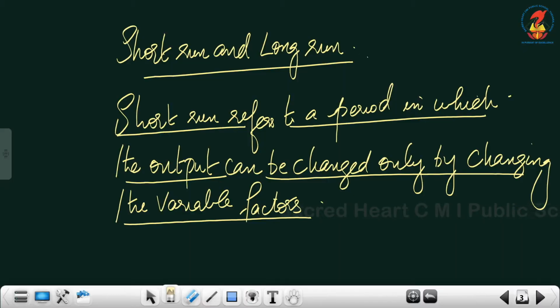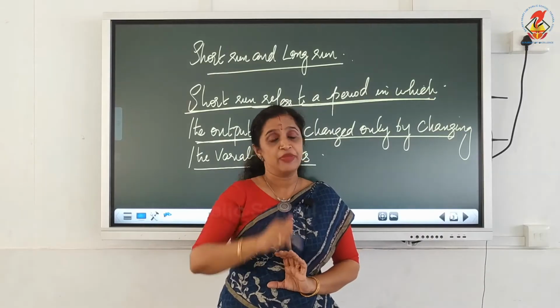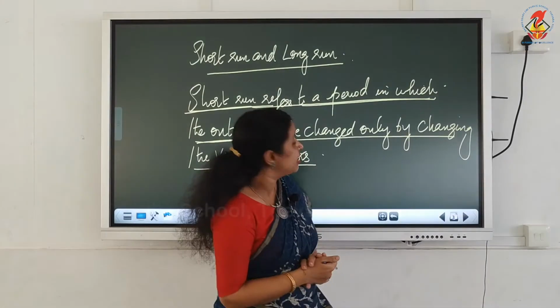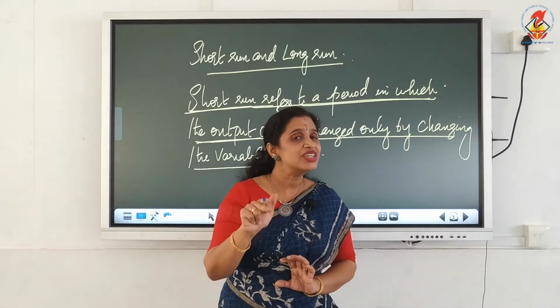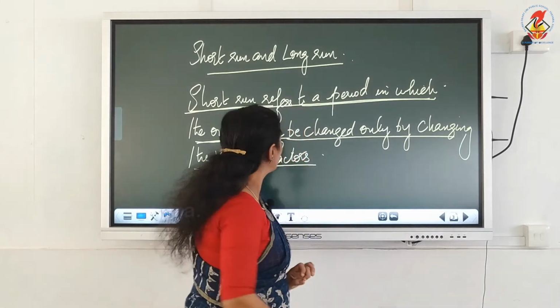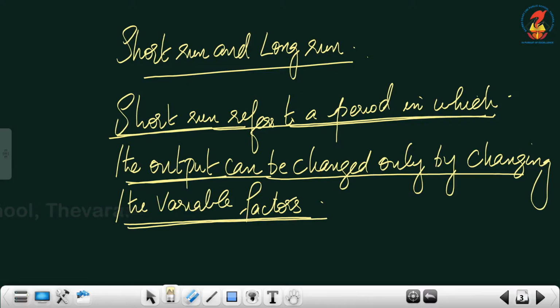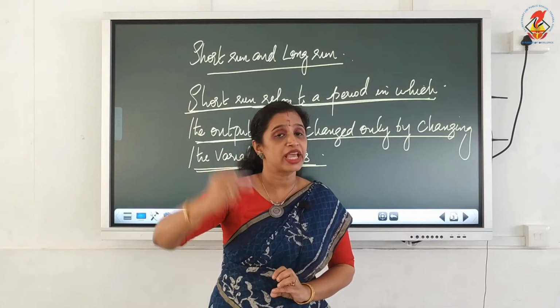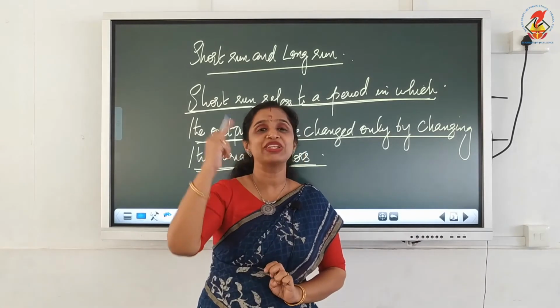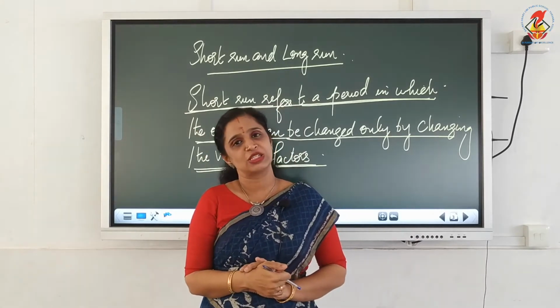Now what I am trying to explain is short run. Short run refers to a period in which output can be changed. What is the output here? Shirt. So short run refers to a period in which the number of shirts can be changed only by changing the variable factors.